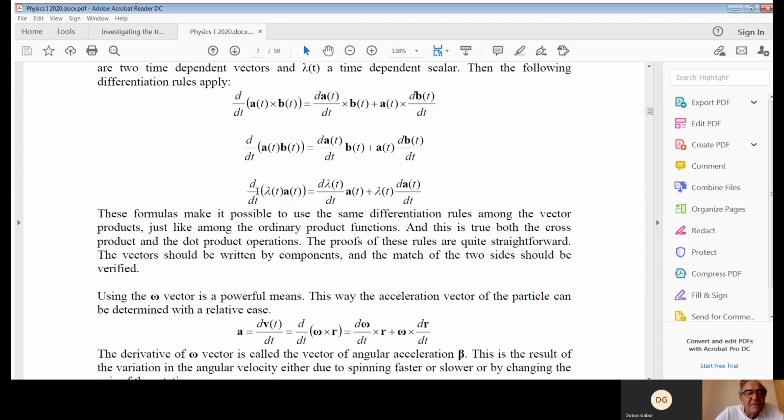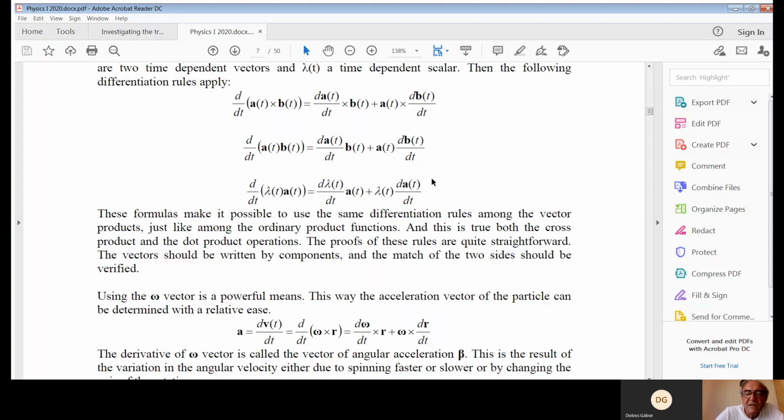And also with the scalar multiplier, it is the very same way. So these formulas make it possible to use the same differentiation rules among vector products, just like among ordinary product functions. And this is true for both cross product and dot product operations.